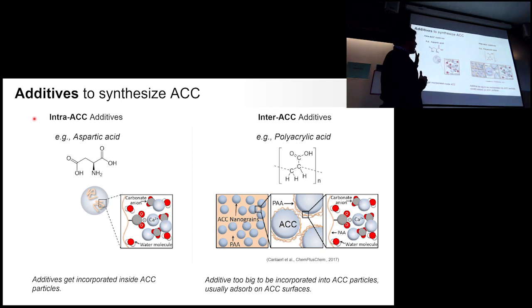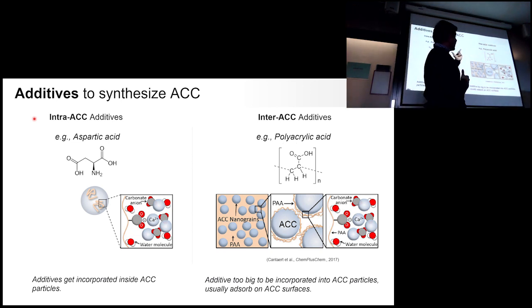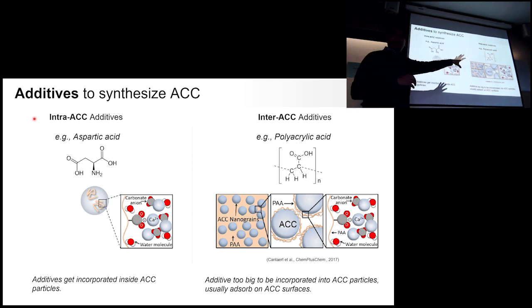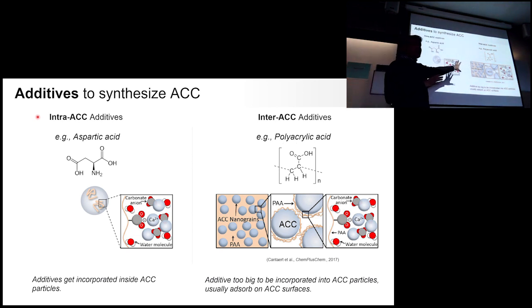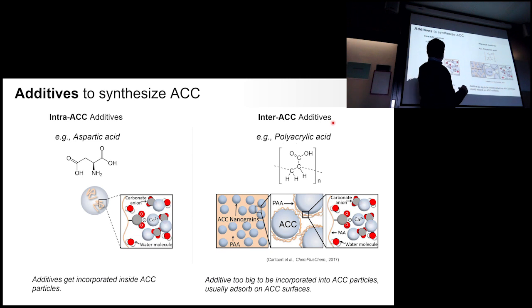And there are two types of these molecules. So we have intra-ACC additives and we have inter-ACC additives. These molecules work slightly differently, and also the results are a little bit different.